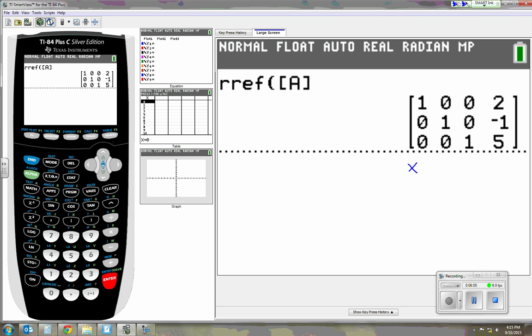So this is going to be x. Let's put it beside the column so you can see it. This is going to be x equals 2. This one is going to be y equals -1. And this one is going to be z equals 5. So this gives us our answer, our reduced row echelon form. So now we can put in our ordered triple for our answer. So it's 2, -1, 5.